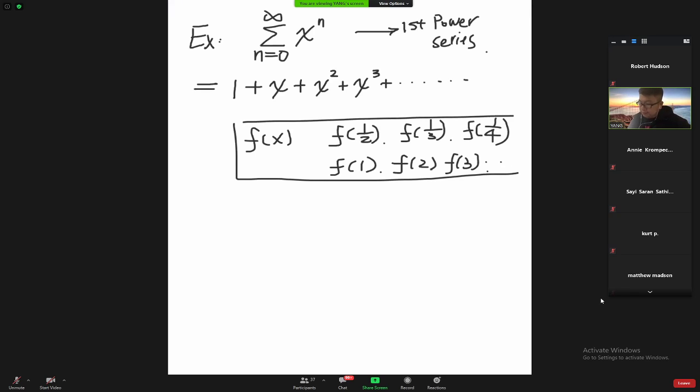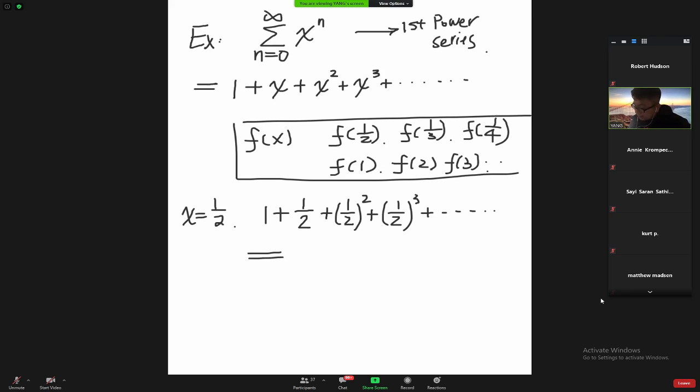Now let's see. What if x equals 1/2? Then what is the power series? It's going to be 1 plus 1/2 plus (1/2) squared plus (1/2) cubed. Keep going. Now tell me, what is that?